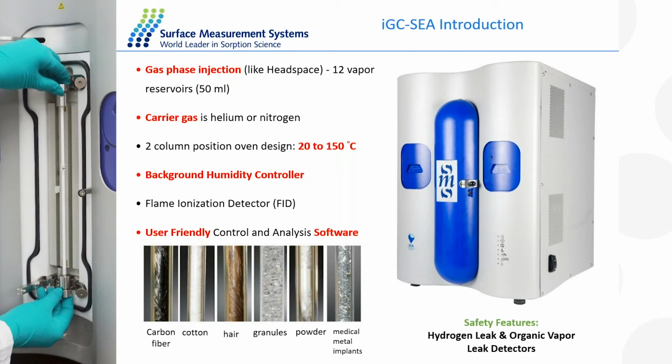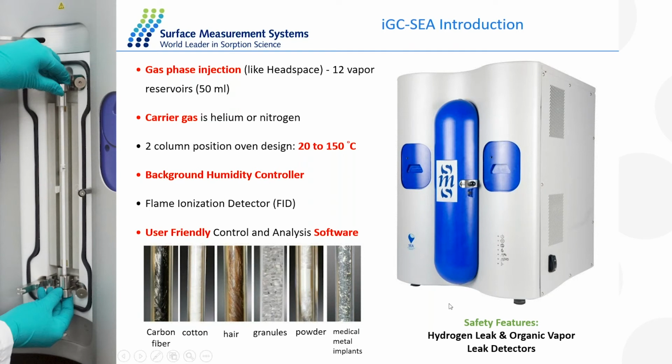You can introduce humidity onto a surface and analyze its properties based on this change in surface. We use a flame ionization detector to detect all our solvents, and this is particularly useful in obtaining very accurate readings of organic vapors. Of course, we have safety features such as hydrogen leak and organic vapor leak detectors also.